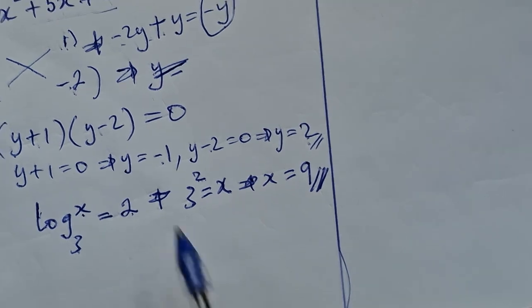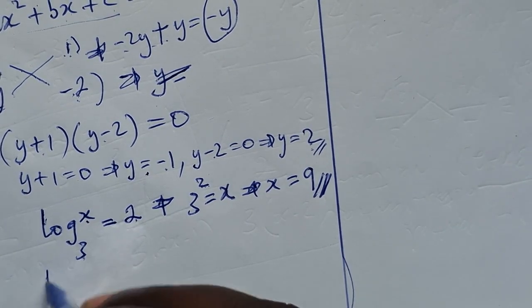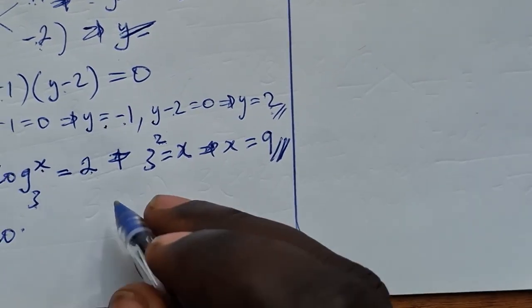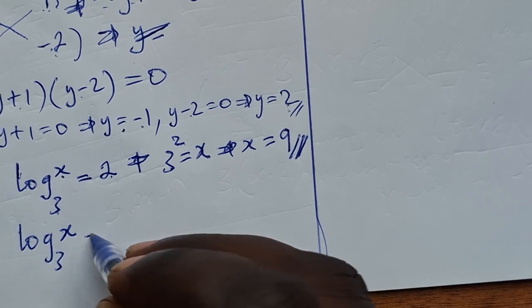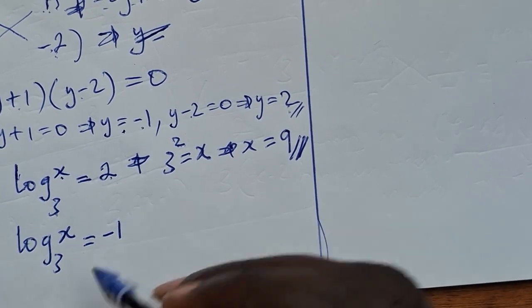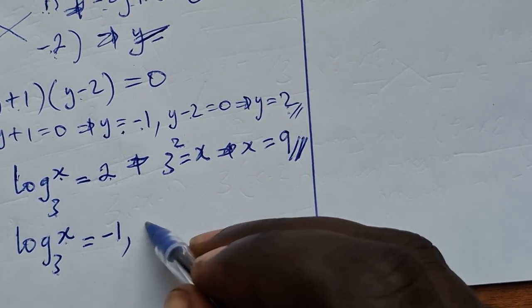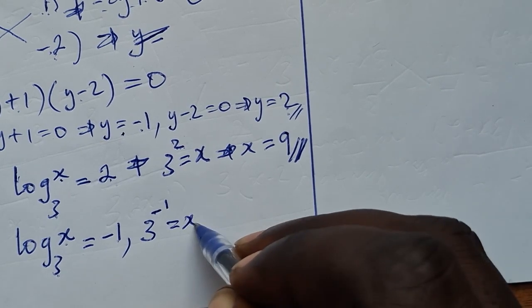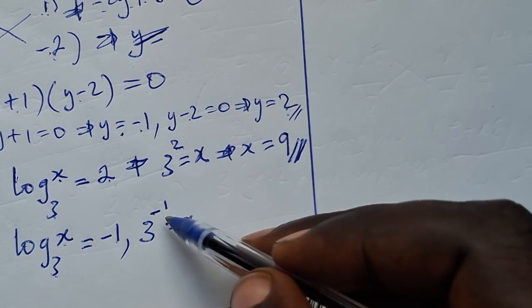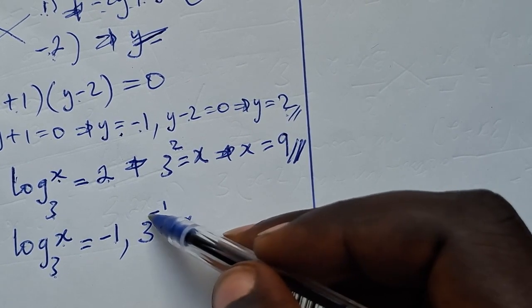Let's look at the case where y is equal to minus 1. We are still going to say that log base 3 of x is equal to minus 1. So this to the power this will be equal to this based on the law. This implies that 3 raised to the power minus 1 is equal to x. But when it is raised to the power minus 1, to remove this minus sign, we must bring it down.